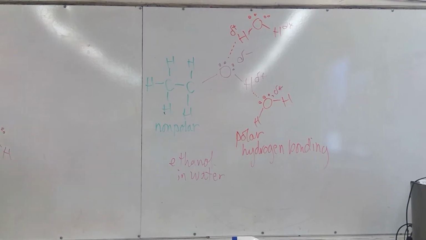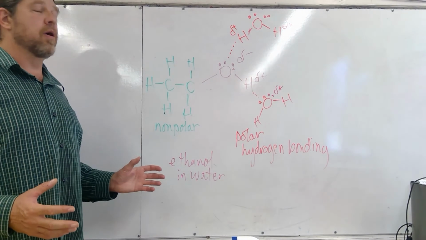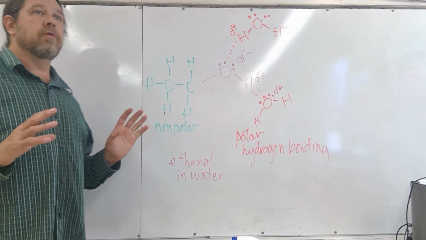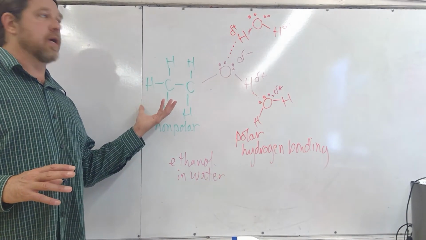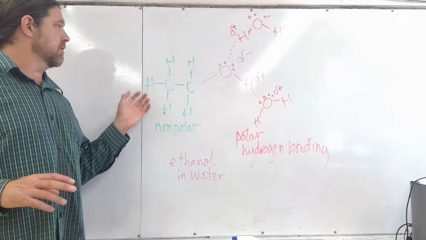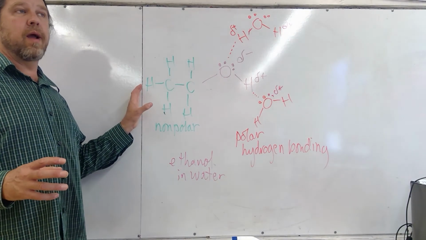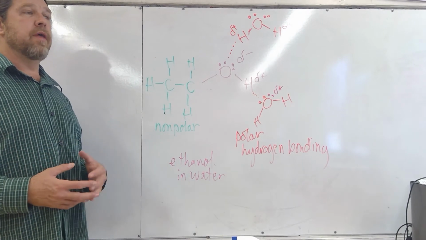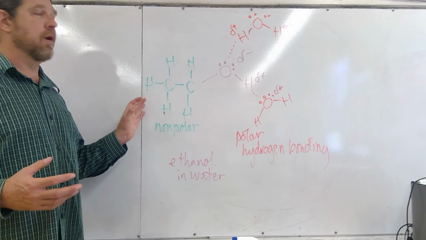Here we now have a partially polar substance, ethanol, interacting with water. To recap about ethanol, it has a non-polar side here that has these methyl groups. That side isn't going to really interact with water well because it doesn't have that type of affinity for polar things.